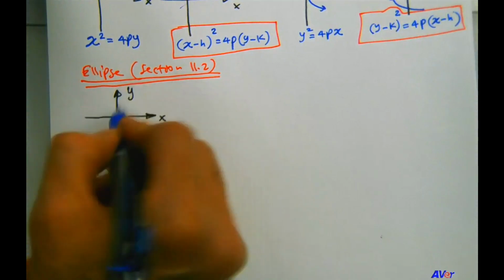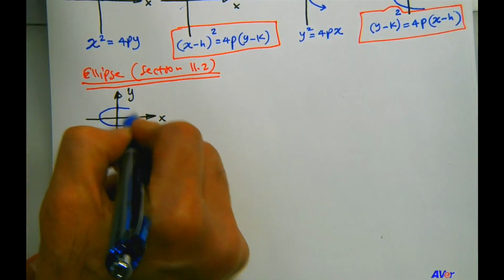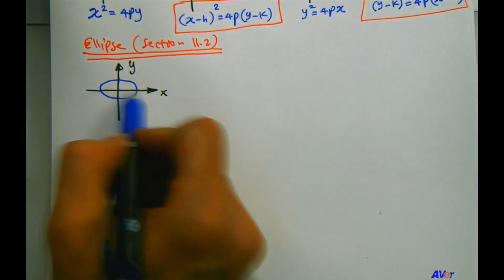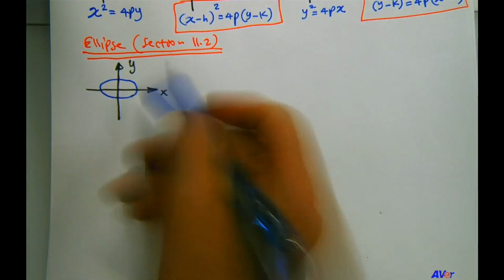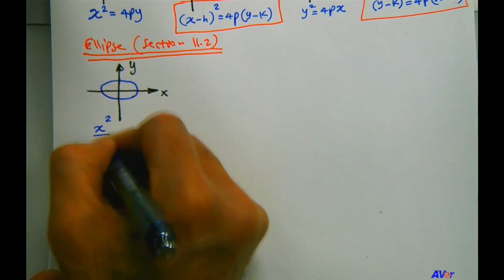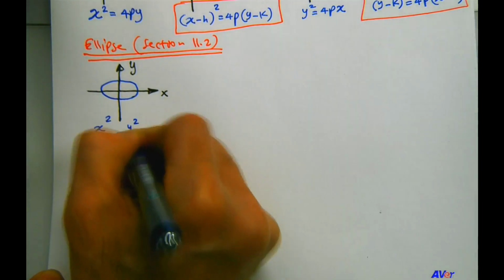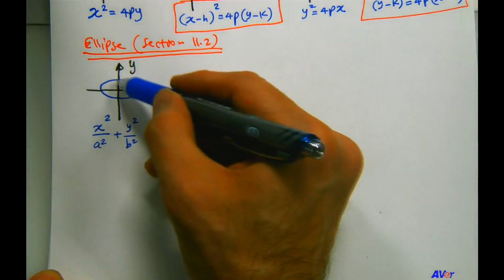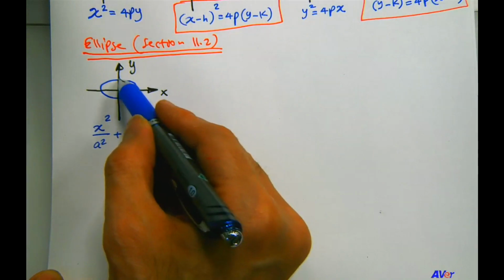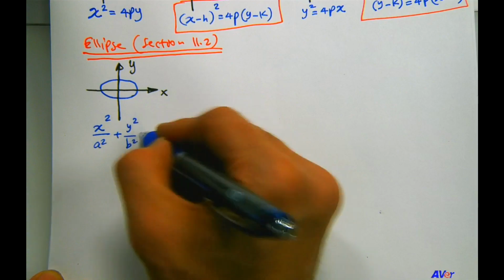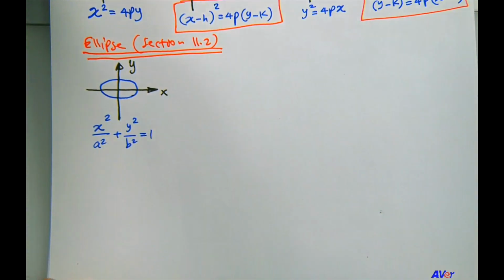So if we had an ellipse that looked like that, the major axis is along the x-axis, right? So the formula for that would be x squared over a squared plus y squared over b squared, b being the length from the origin to that vertex along the minor axis. So that is equal to 1.